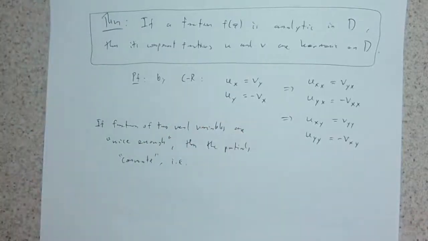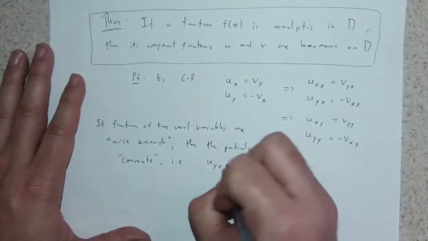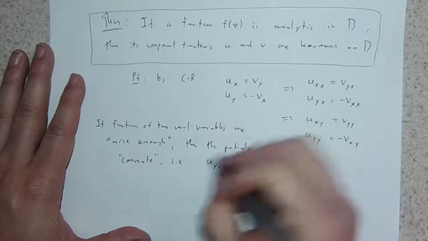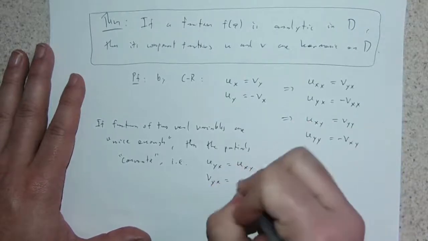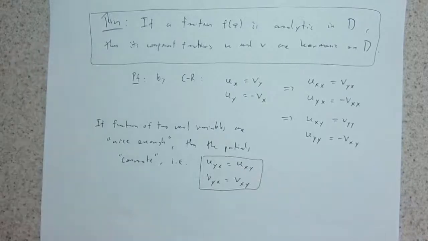It just needs to be nice enough at a point, but it's nice enough on this entire domain. The partials commuting just means exactly what you think it means. So u sub yx is equal to u sub xy, and v sub yx is equal to v sub xy.